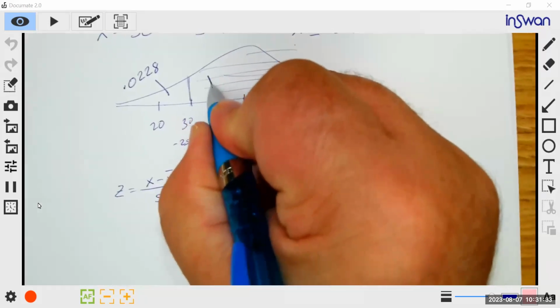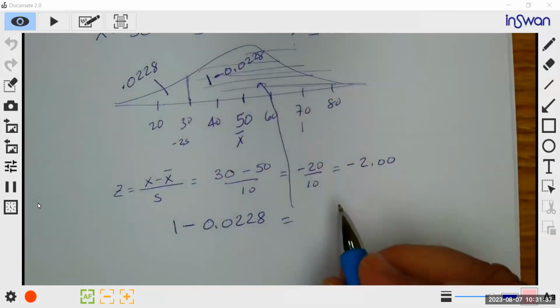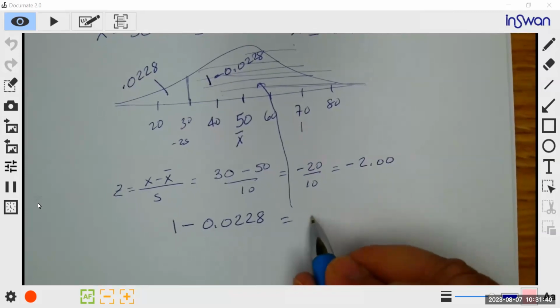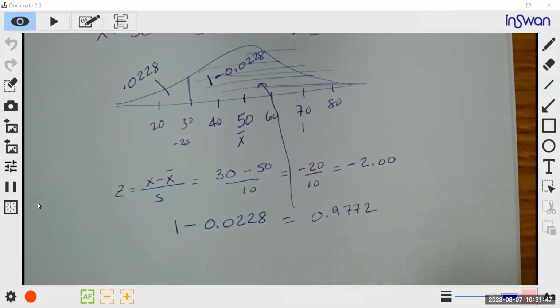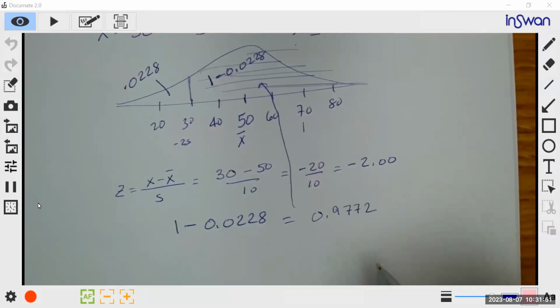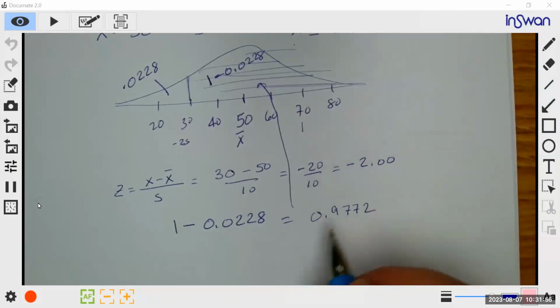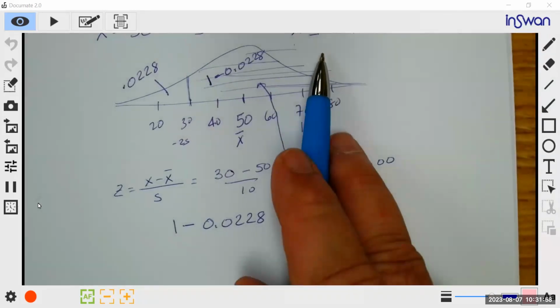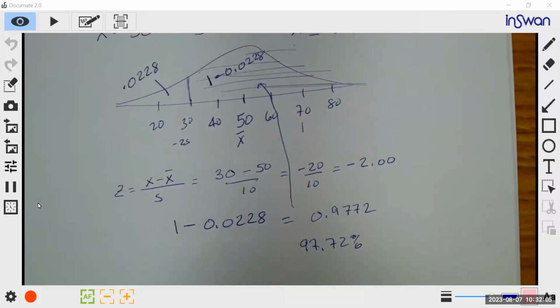So it's 1 minus 0.0228, which is 0.9772. So it worked actually. If you're looking for a number greater than or equal to 30, you have a 97.72% chance of getting that number.